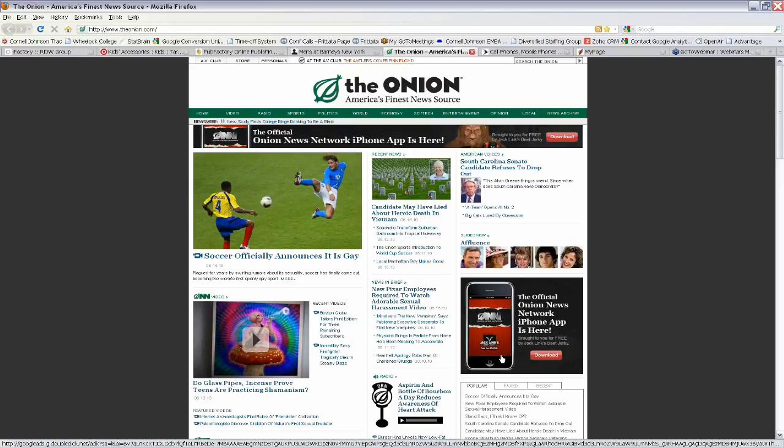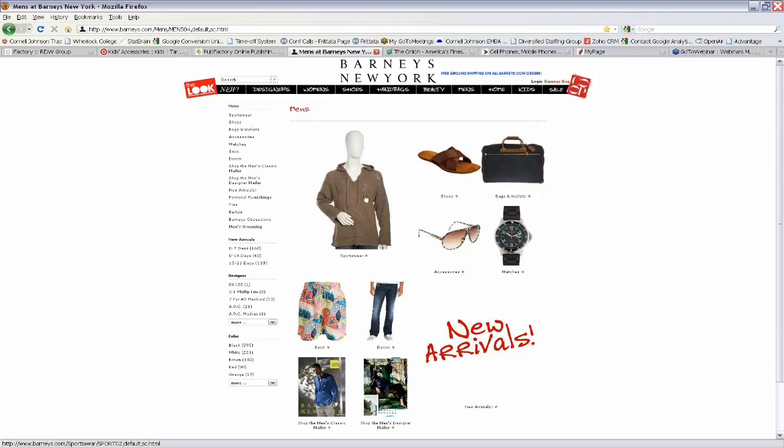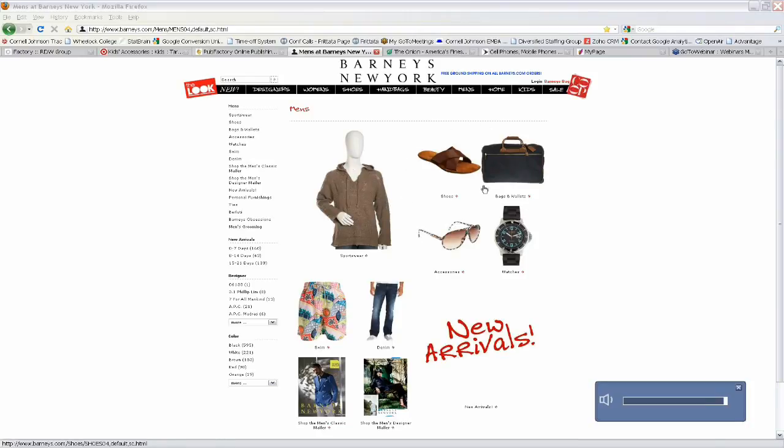Again, I think as another example of a different kind of call to action, in this case, Barney's, because again, I'm an online shopper. Barney's actually uses the graphical elements or the photos of the product they're looking to sell.